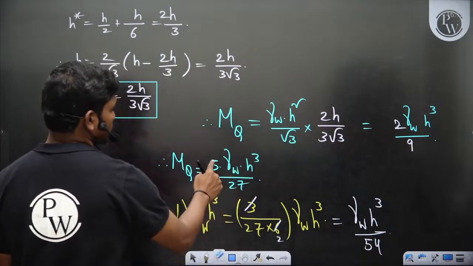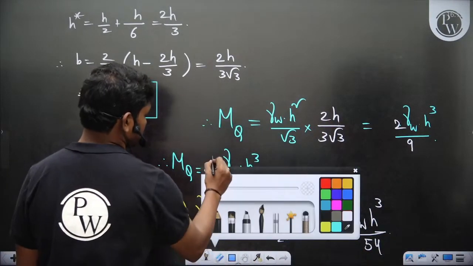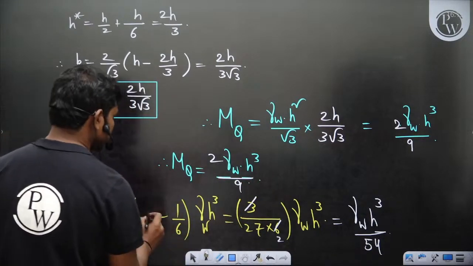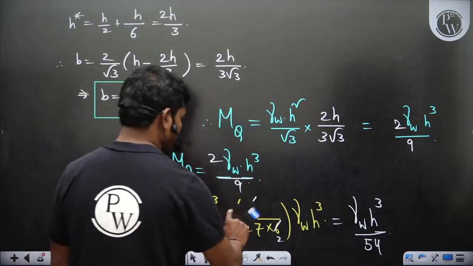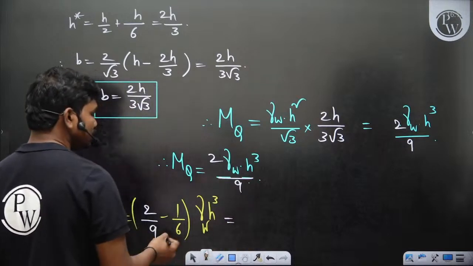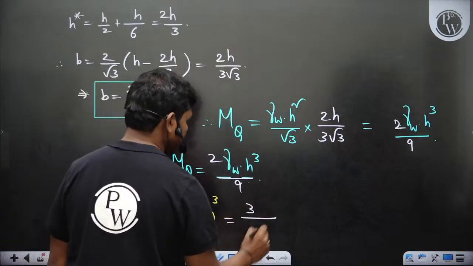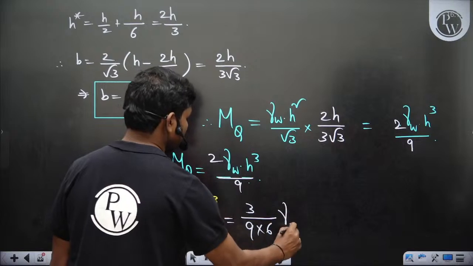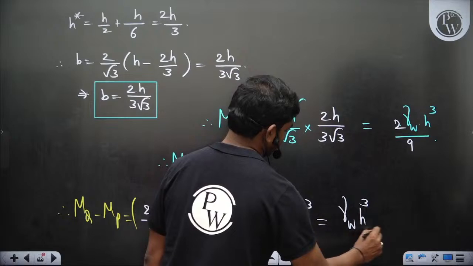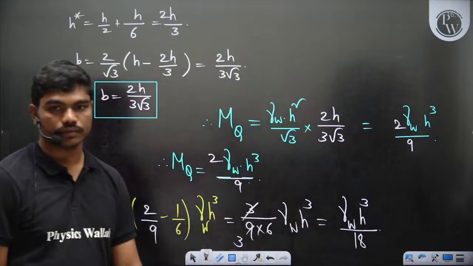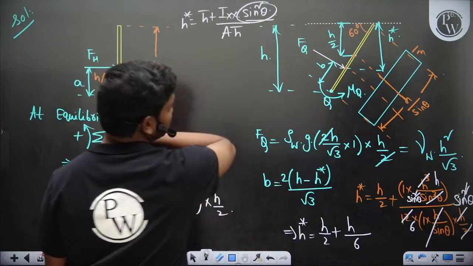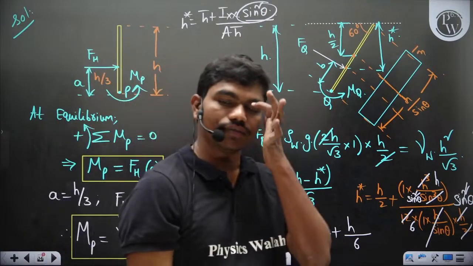So this is 2 and this would be 9. Then this is 2 by 9 minus 1 by 6. If you take LCM, 12 minus 9, 3 by 9 into 6 gamma h cube. Okay, that's the difference. We missed that sine square theta, but definitely this formula has sine square theta. Okay, because of that, we got an issue.